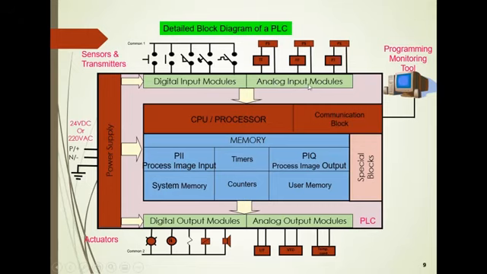In analog input modules you can connect all analog inputs like pressure transmitters. In memory, you can save the program. In digital output modules you can connect all digital outputs like lamps, motors, etc. In analog output modules you can connect analog outputs, for example a VFD.